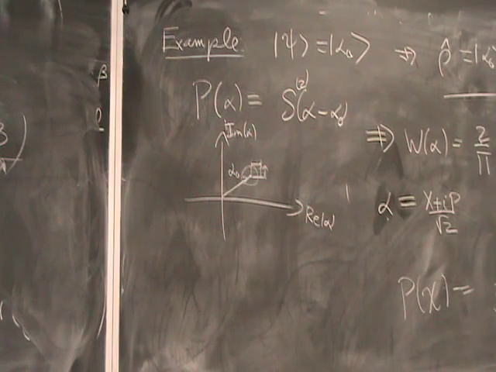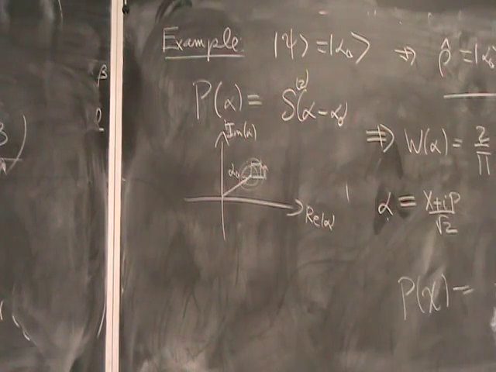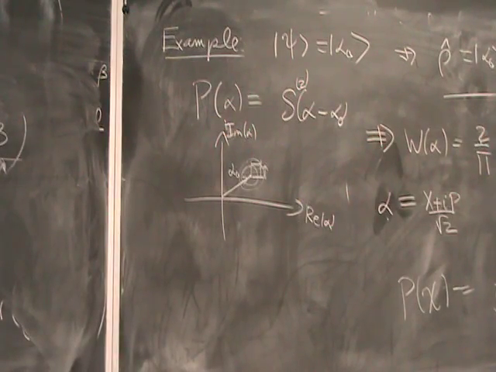And the Q function was basically this smeared out a little bit more. It'll have a width that's wider, it has excess noise in it. But those don't represent the variances in x and p, because the Q function does not marginalize to the right probability distribution over x and p. Only the Wigner function marginalizes properly.